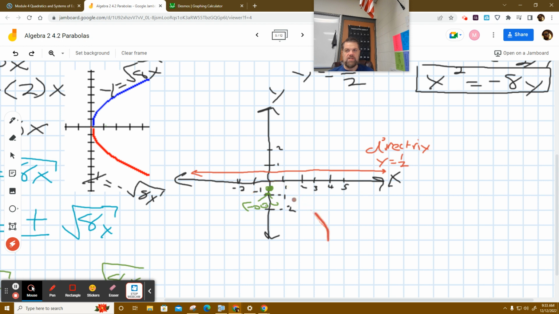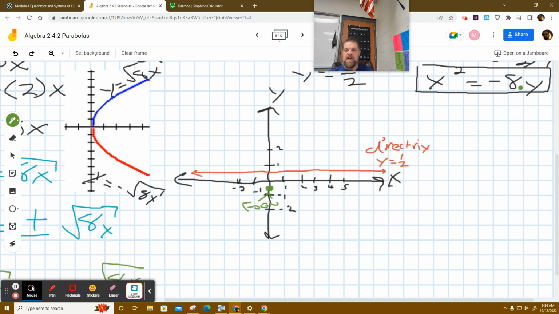So that'll pass a vertical line test. If I wanted to graph this by hand, I could just plug in some numbers and see what I get. I'm not going to do that right now because it'll take a lot of time, but I encourage you to try that and see if those points are on the graph.